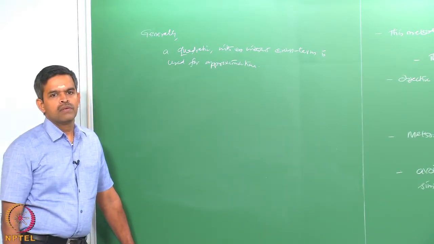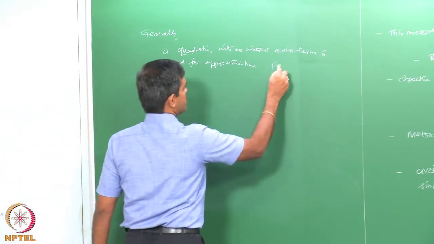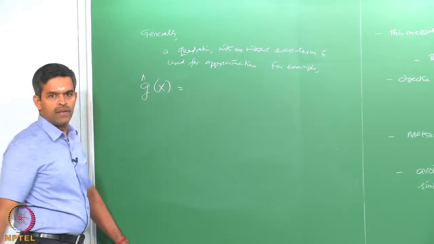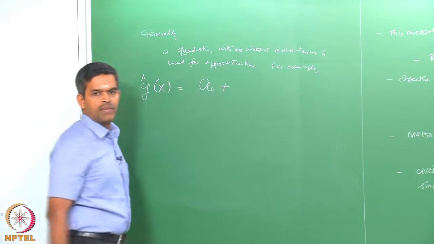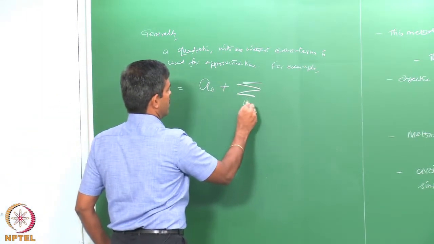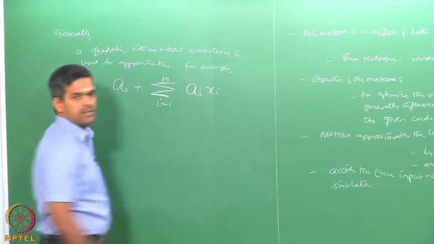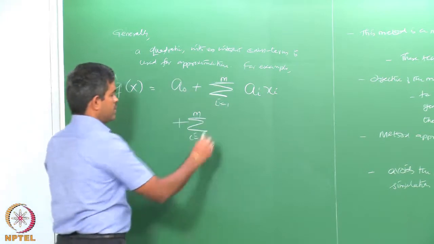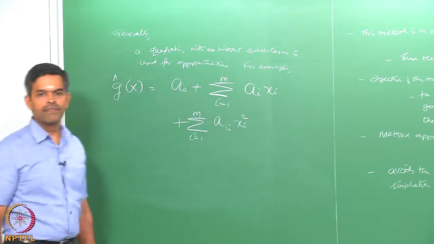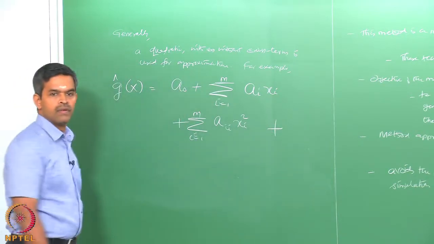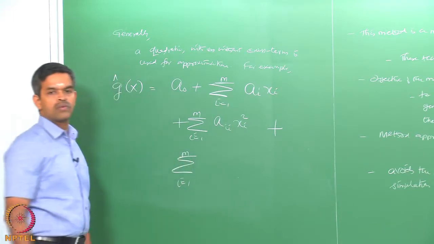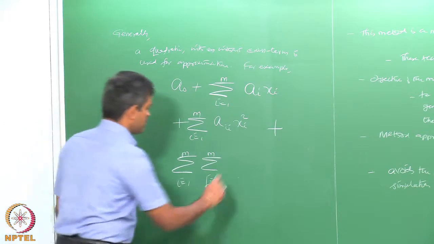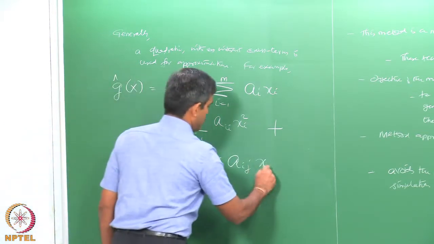Okay. So, let us write a quadratic like this. For example, g hat of x is a0 plus sum of i equals 1 to m of ai xi plus sum of i equals 1 to m of aii xi square plus sum of i equals 1 to m, sum of j equals 1 to m, the cross terms aij xi xj.